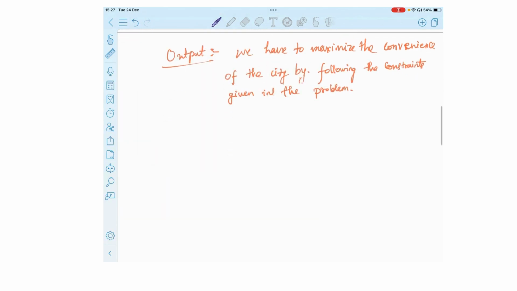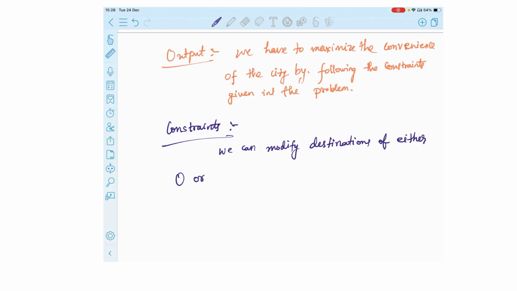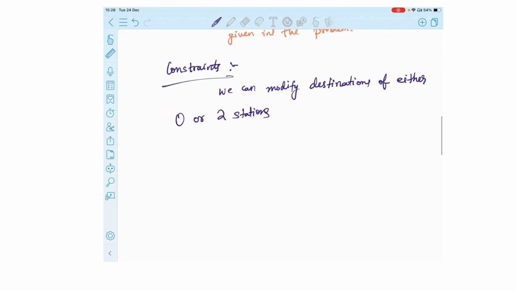What are the constraints? The constraints given in the problem are such that we can modify the destinations of either 0 or 2 stations. Now, why am I saying 0 or 2?